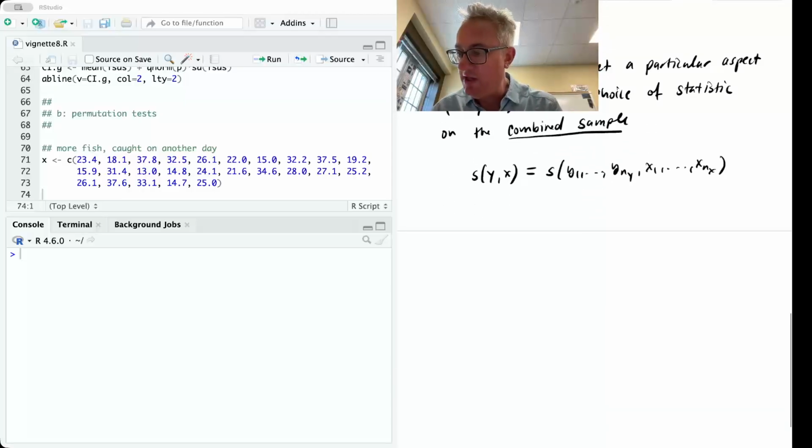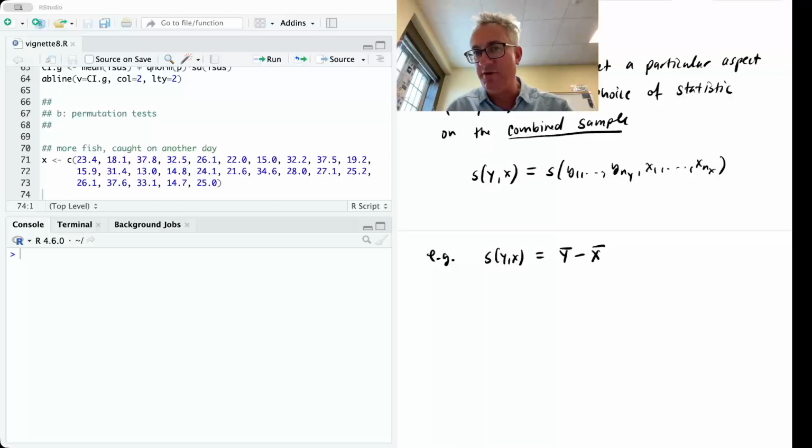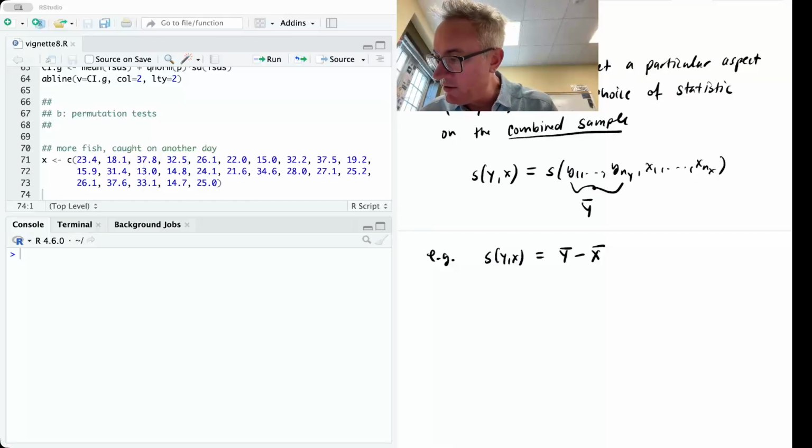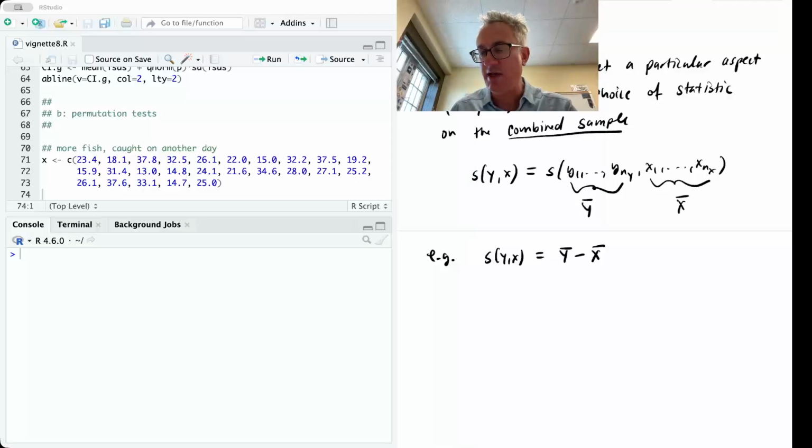So, for example, one such statistic might be the difference in the averages of the two samples, which I would get by forming y bar from the first ny values and x bar from the second nx values. And you might wonder why we've created all this combined vector notation for that, but it will become more apparent when we look at how permutation is involved.